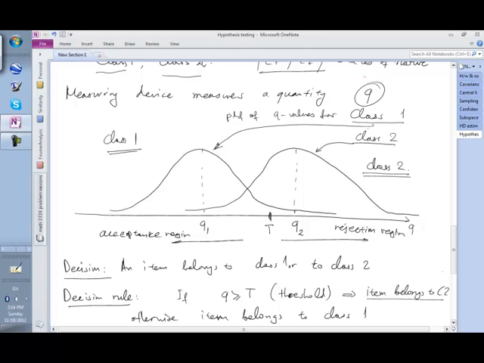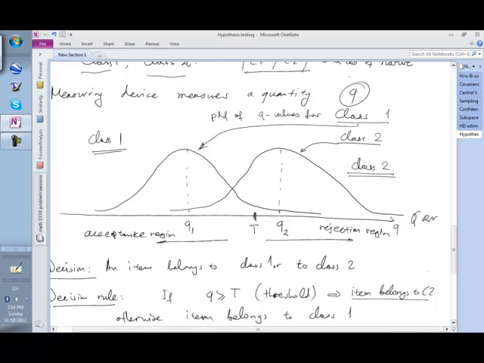So I have a random variable which I call Q, the random value of my measurements. Based on the values of this random variable, I decide whether an item belongs to class 1 or to class 2.